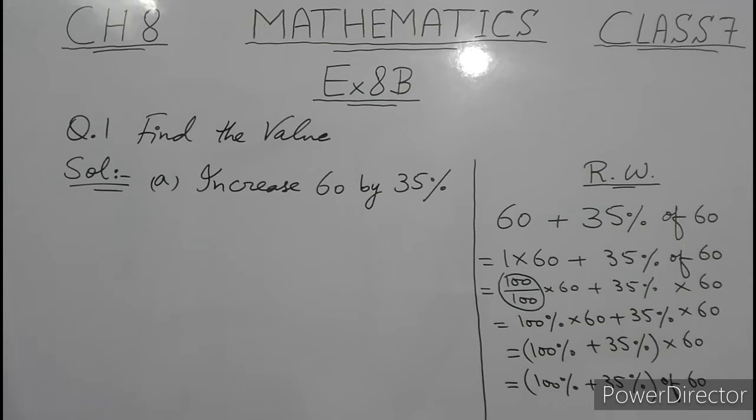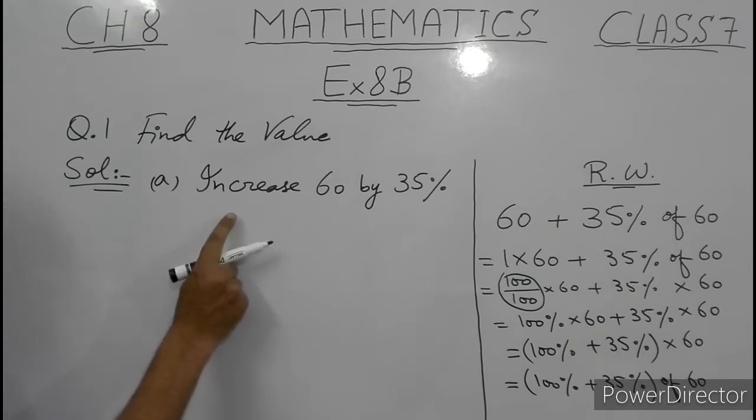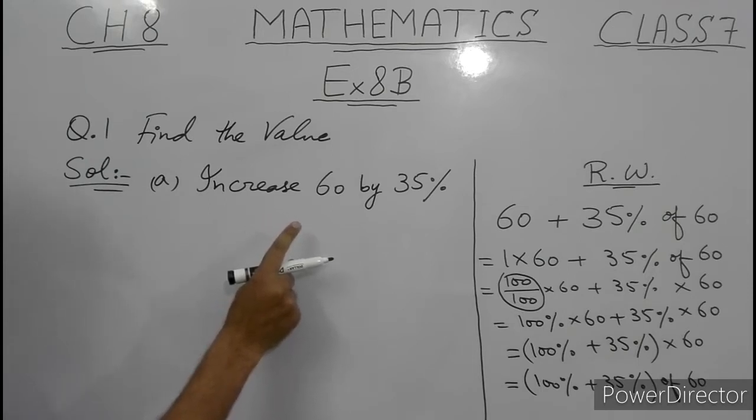So in rough work, the final step shows that if we want to increase some number by some percentage, we will add 100% into the given percentage and take the final percentage of the original number. So here we want to increase 60 by 35%.